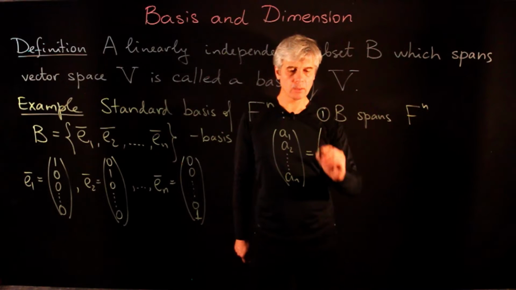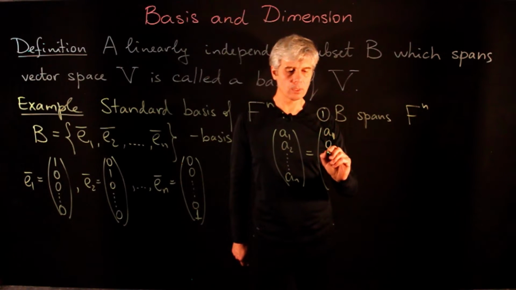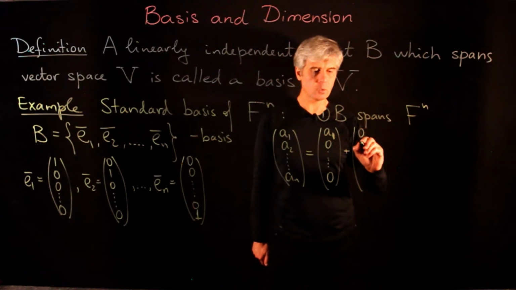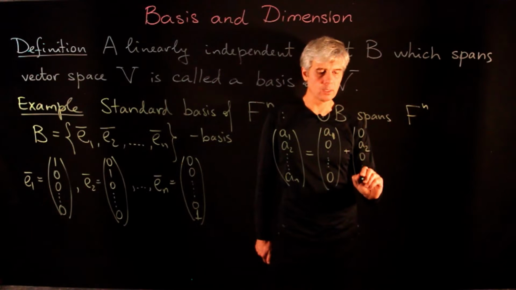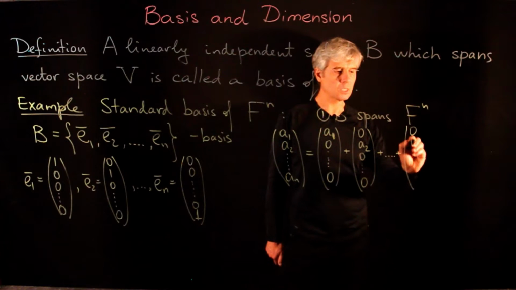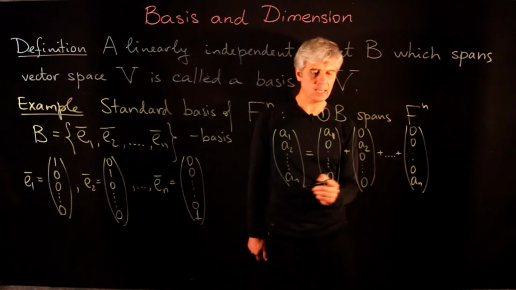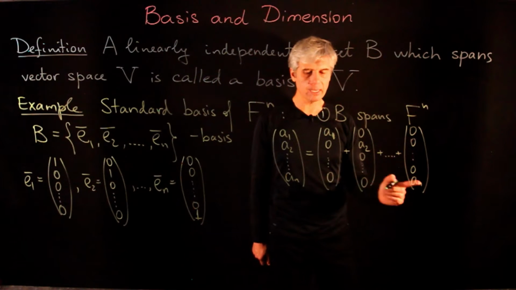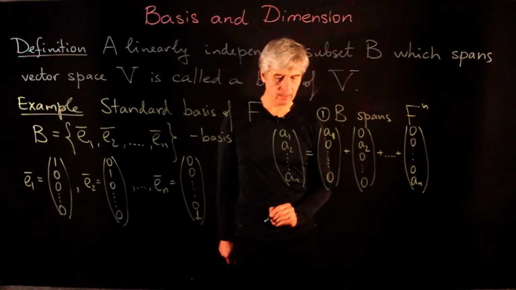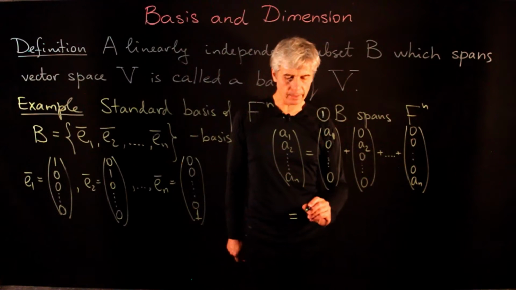We can write it in the following way. We can write it as the vector a1, 0, and all zeros, plus the vector 0, a2, 0, and all zeros, plus, and so on, the vector 0, 0, 0, an. If we add up all vectors on the right-hand side, then we get exactly the vector on the left-hand side. Then, in the first vector, we can pull out a1 as a common factor.